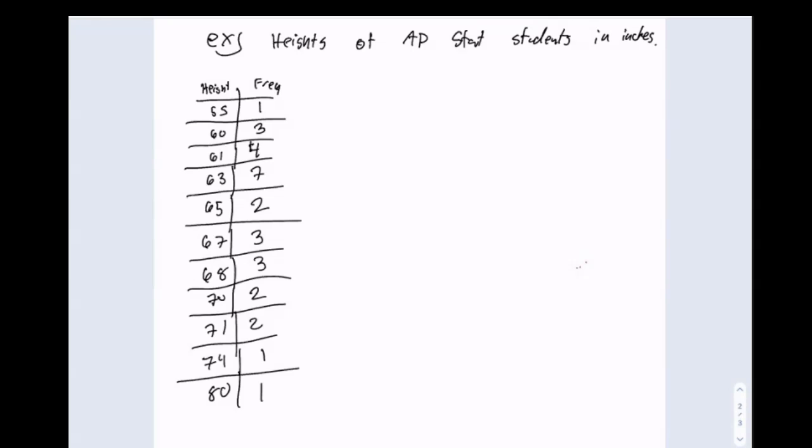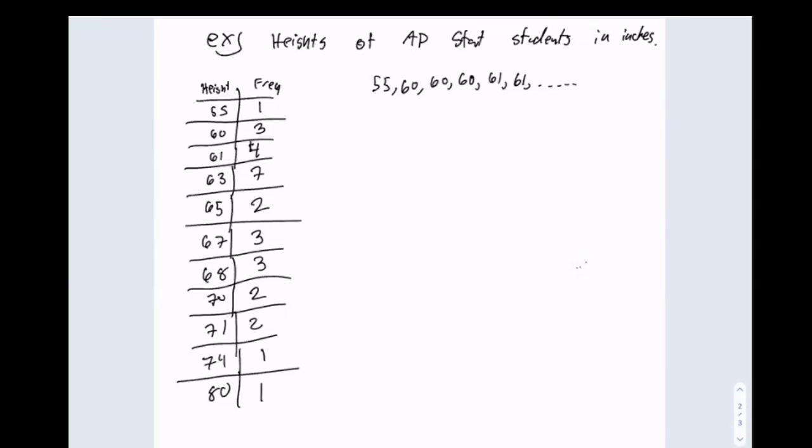Now, I could have given you the data like 55, 60, 60, 60, 61, 61, and so on, but I decided to give you the data in a frequency chart. Okay? So this is the data that I have.